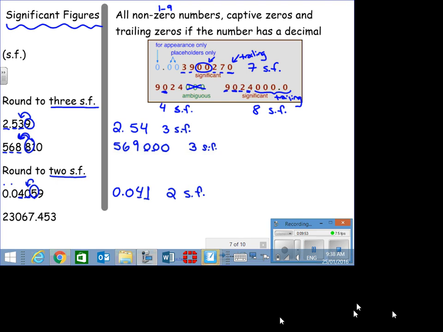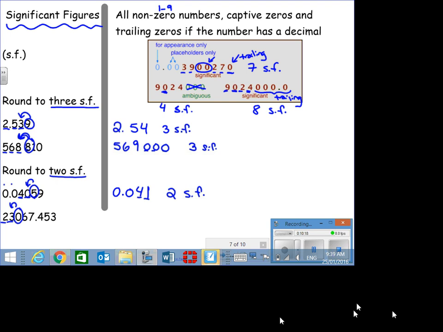And then last but not least, this one, you have a ton of numbers before the decimal and after the decimal. But again, I only want two significant figures. So if I start from the left to the right, I already have my 2 right there, okay? So I'm going to look, and I have that 0, and my 0 is going to be my critical digit. Will that 0 change the 3? No, it won't because it's too small, right?